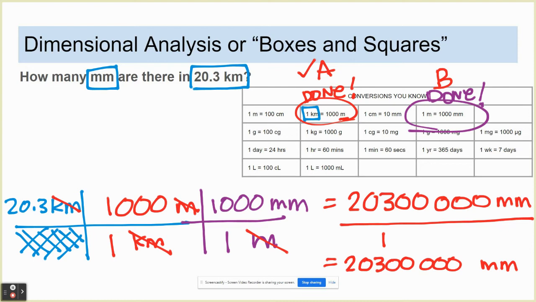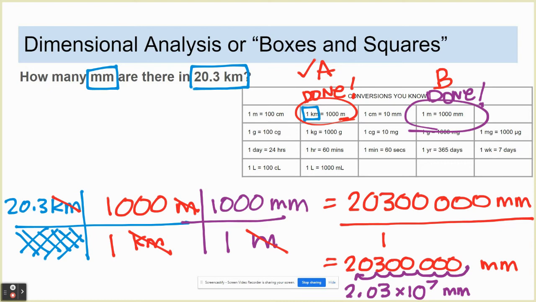So if we wanted to report this in scientific notation, I would move the decimal place, which is found after the ones place, and move it such that I only have one non-zero number to its left. So I'm going to move it 1, 2, 3, 4, 5, 6, 7. And so it becomes 2.03 times 10 to the 7th power millimeters. And that's going to be my final answer right there.